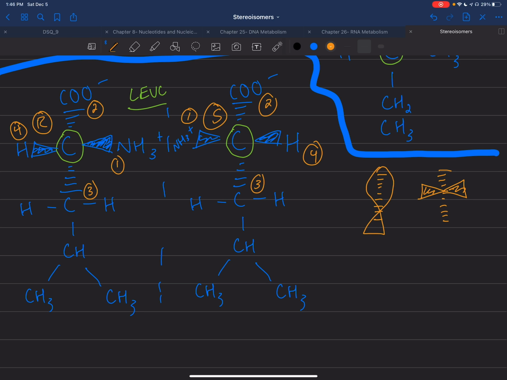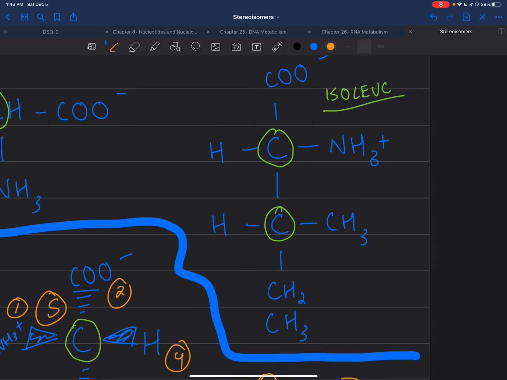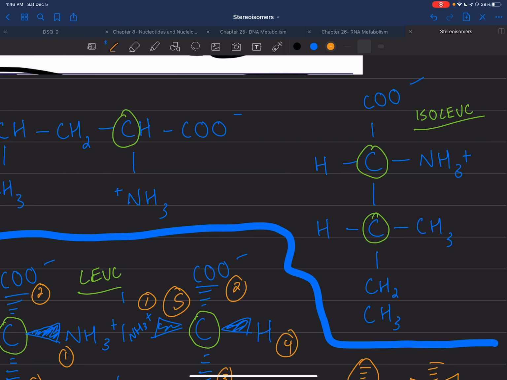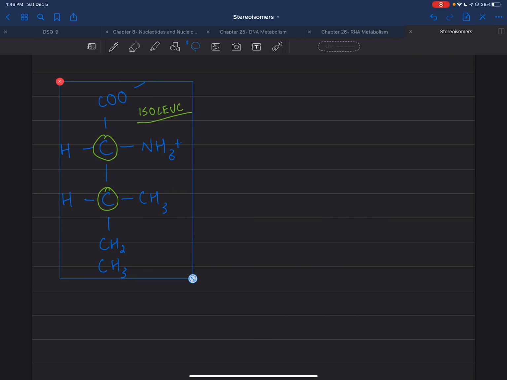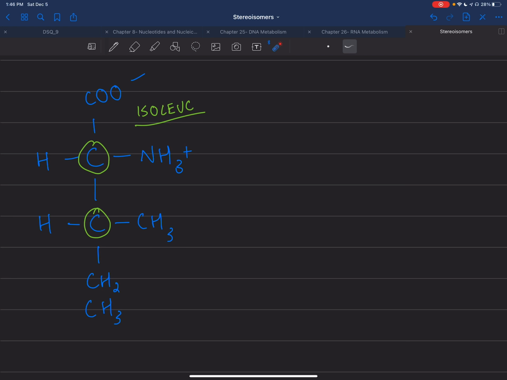Okay. Now let's look at, we're going to stick with strict Fisher projection for isoleucine. Let me put this on another page. Because what happens with isoleucine is we have 2 stereocenters. Let's confirm that we have two stereocenters.